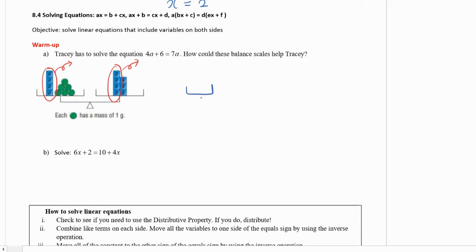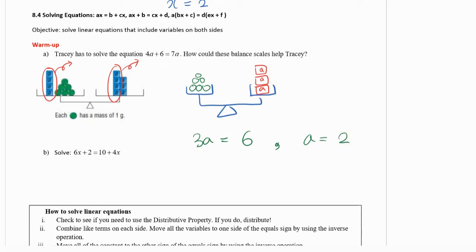So let's redraw it. So I have 3 a's and I have 6 integer chips. Okay, then 3a is 6. Then what is a? Then a should be 2 because you're dividing both sides by 3.